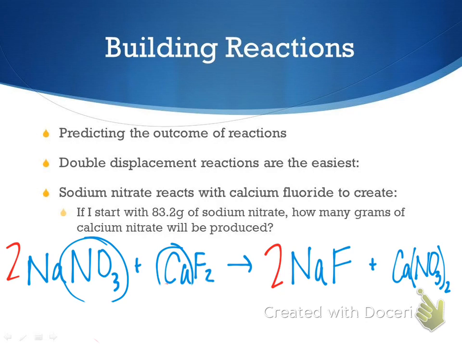Okay, if I start with 83.2 grams of sodium nitrate, how many grams of calcium nitrate can be produced? Okay, again, I'm going to recommend that you write above your formula, right, 83.2 grams, and I want to find out how many grams here. That'll help you point to the correct coefficients, right? Look at the correct ratios.